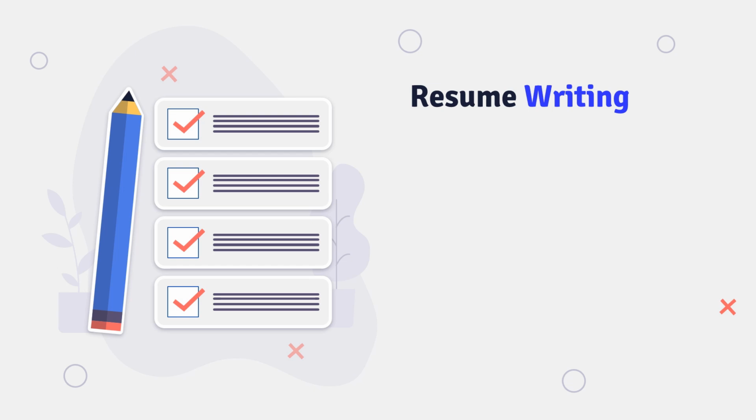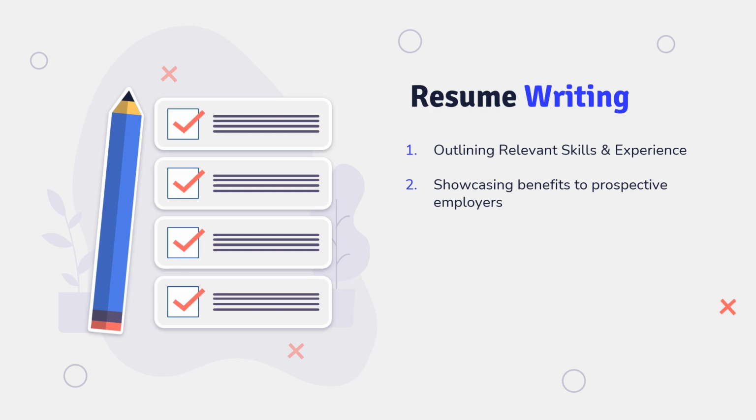First and foremost, let us understand five fundamental principles of resume writing. First, your resume should outline your relevant skills and experience related to your field. Next, it should clearly explain to prospective employers the benefits of hiring you, and the same should be reflected in your CV.